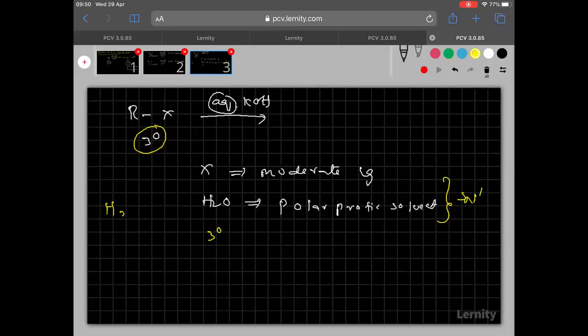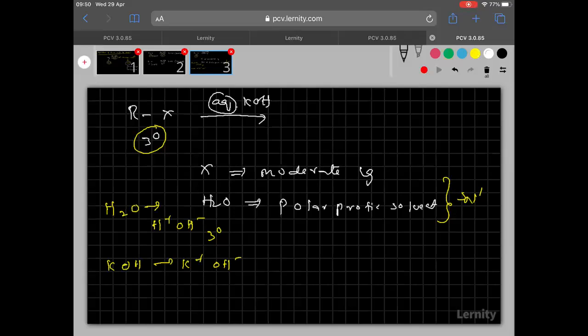So here, please try to understand my concept. Water contains H+ as well as OH-. KOH also contains K+ and OH-. Is it clear, everyone? So now when the alkyl halide is tertiary, what happens?